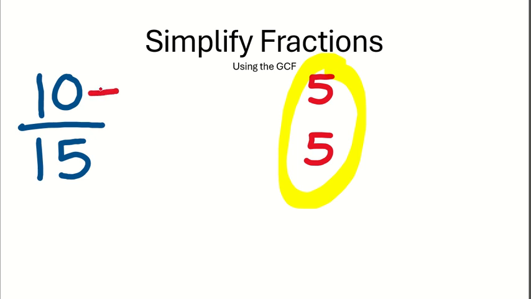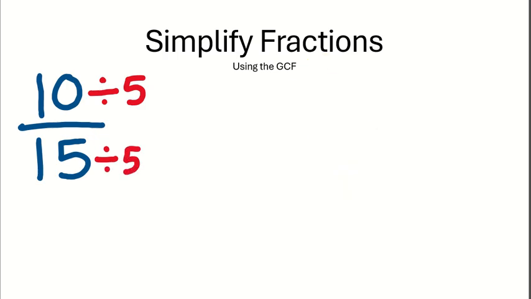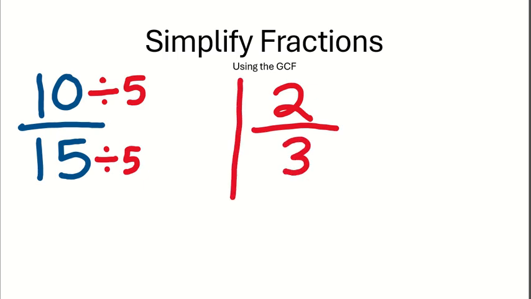So we'll go ahead and divide the top by 5 and the bottom by 5. Let's clean this up real quick. 10 divided by 5 is 2, so 2 is our numerator, and 15 divided by 5 is 3, so 3 is our denominator. Thus, in simplest form, we have 2/3.